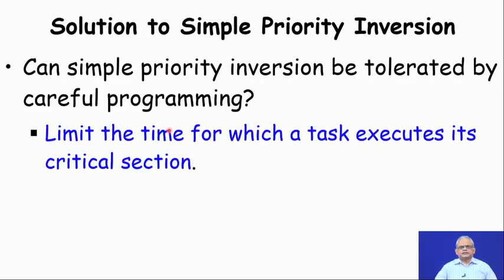The answer is yes. We can solve the simple priority inversion problem through careful programming. We can restrict the time for which a low priority task uses its critical section. Each time there is a consistent point in its use of the critical section, it just releases the resource.